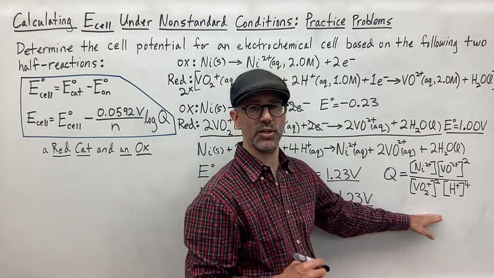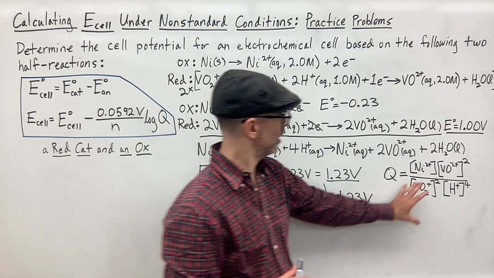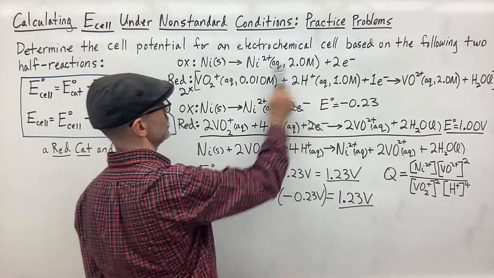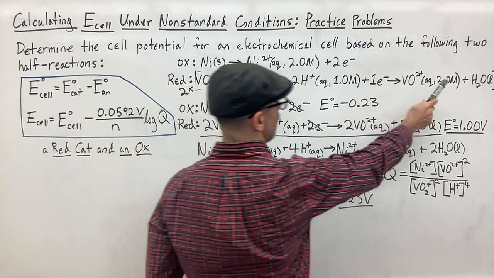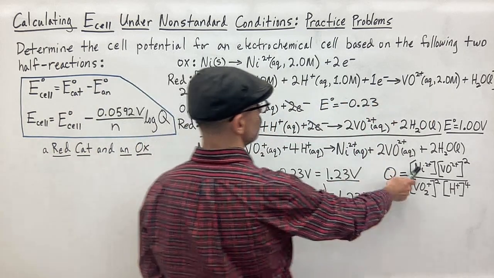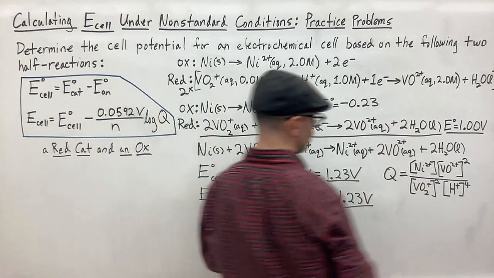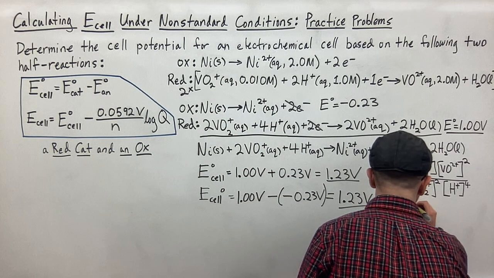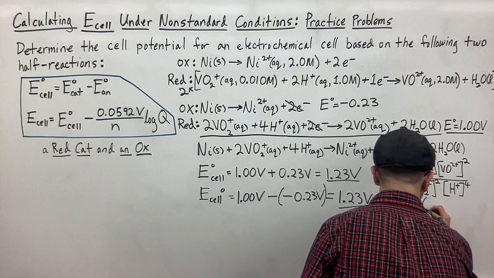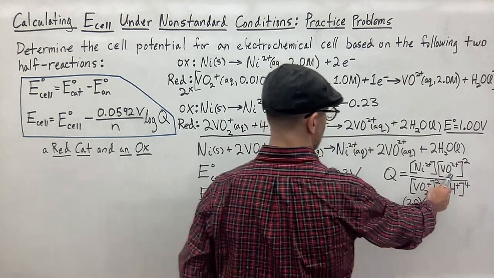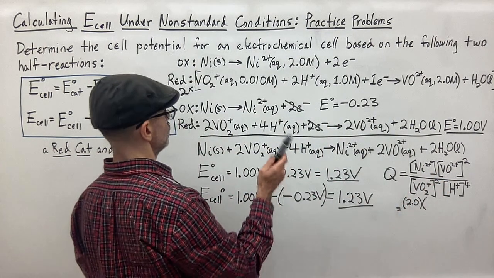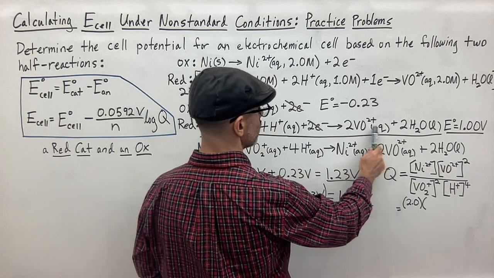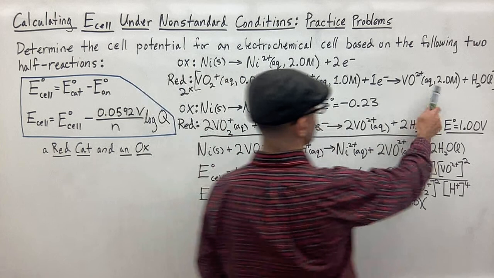So now all we need to do is plug in the concentrations. We're going to come to the concentrations given to us here, here, here, and here. So nickel 2 plus concentration is 2 molar, so that's going to be equal to 2.0. And we're going to multiply that by the concentration of VO2 plus, which is given us here.